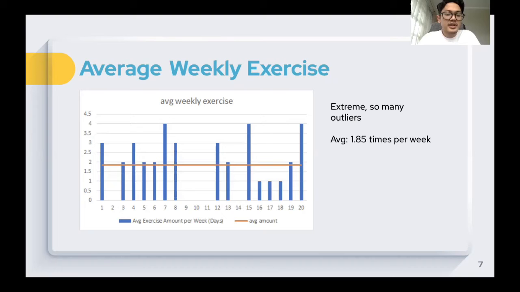For example, for data number 7, 15, and 20, the members stated that they have 4 days of exercise per week, and for number 9, 10, and 11, they have no exercise at all for the whole week, which shows that they are very far from the average line of exercise days per week for the whole class, which is 1.85 times per week. Or maybe if you round it up, it becomes 2 days per week.